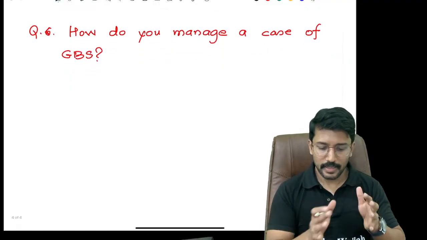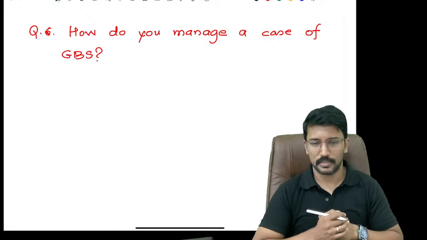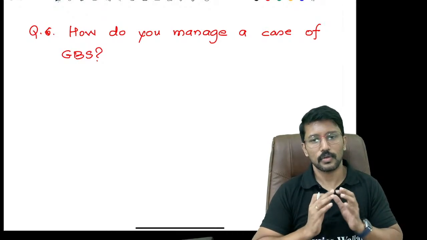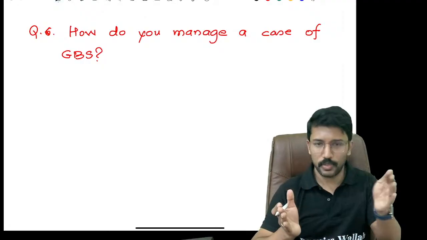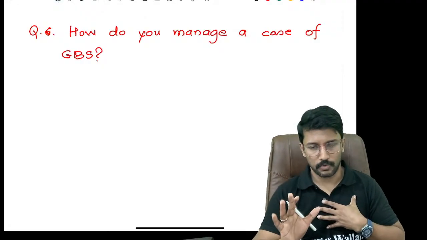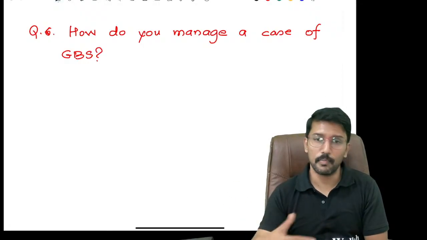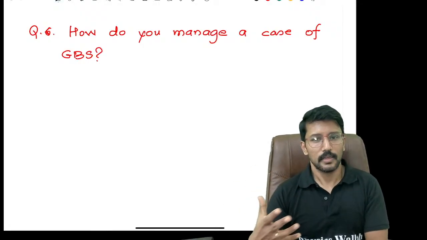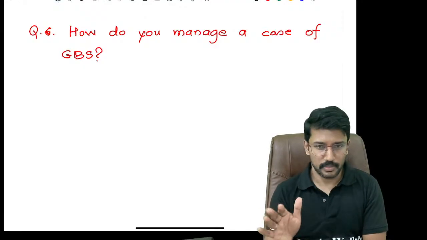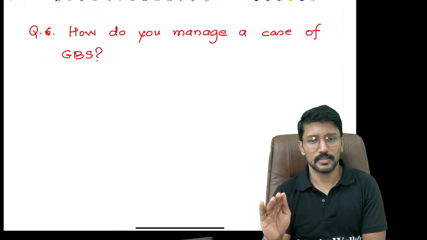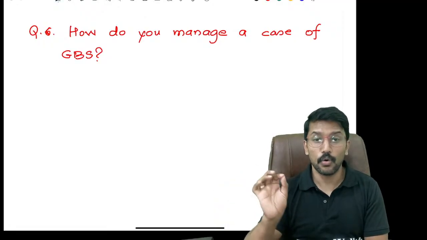So when I have made a diagnosis of GB syndrome based on NINDS criteria, or maybe with the help of Brighton criteria, now the onus on the physician is that I should try to minimize the rate of progression so that respiratory muscles are not involved. And if they get involved, then I have to put them on a ventilator and try to minimize the complications coming out of the ventilator. It's a very responsible job, because if I can make this happen, and the patient does not develop any of these complications, then he is almost surviving and he will mostly go home with no deficits.